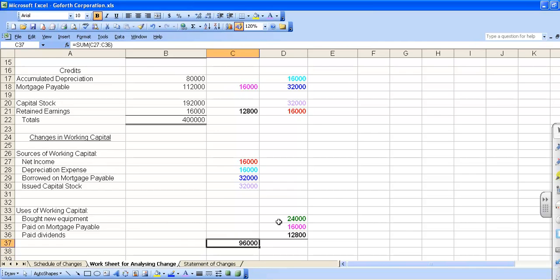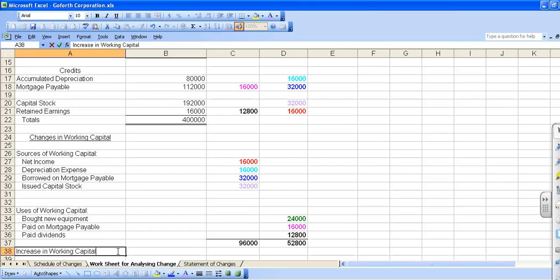And when I'm doing this column, I'm doing the same ones. I'm starting at C27 and going until the end. As you notice, they don't equal. They need to equal. And the difference is going to be our increase in working capital.